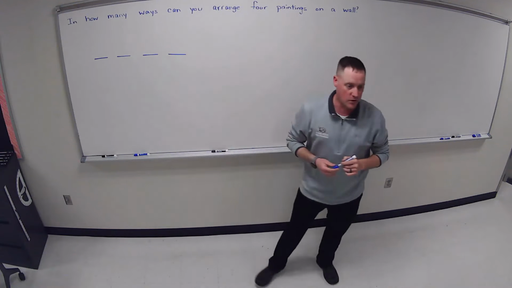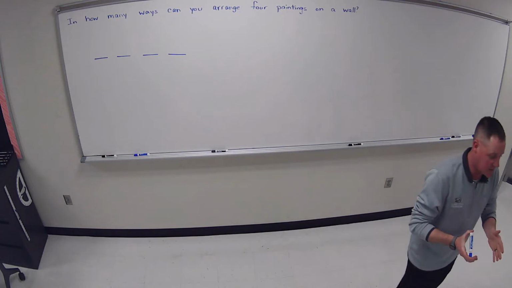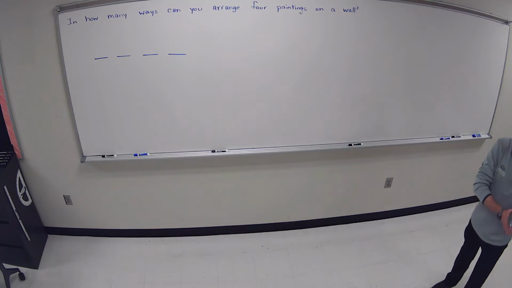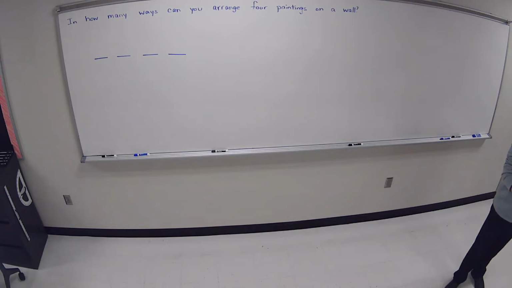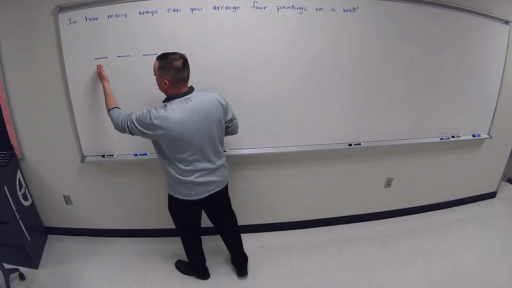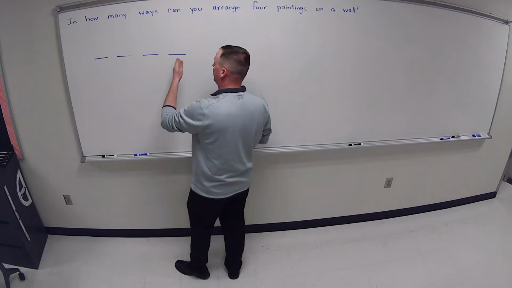Each one of those represents the 4 different spots that you can put a painting. So if I've got 4 of them and none of them are on the wall yet, how many choices do I have for that very first painting that I put up there? I got a total of 4 of them. Okay? And it doesn't matter if I put it in the first spot, second spot, third spot, or fourth spot.